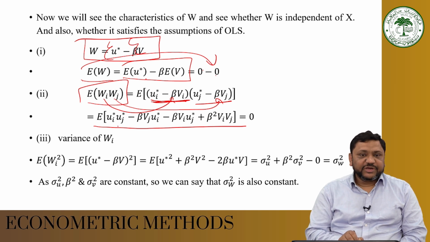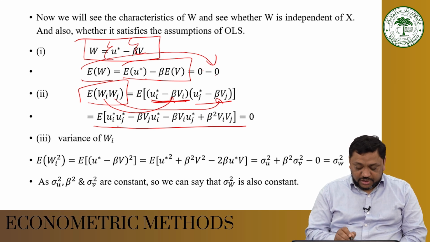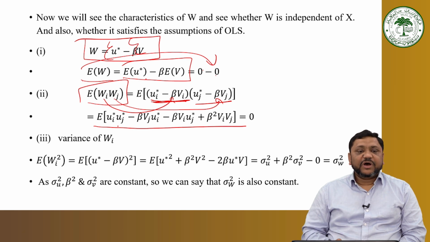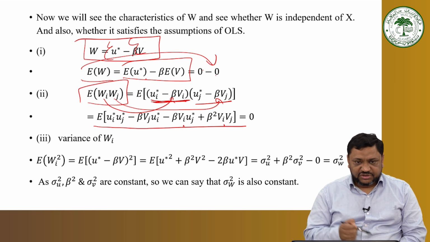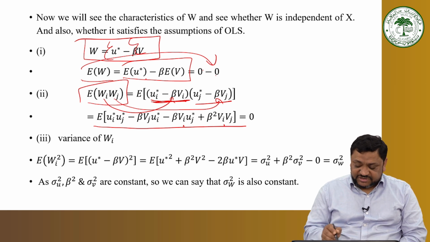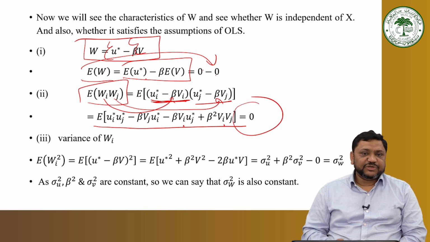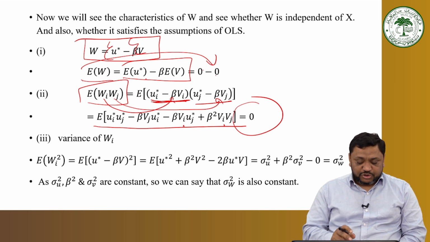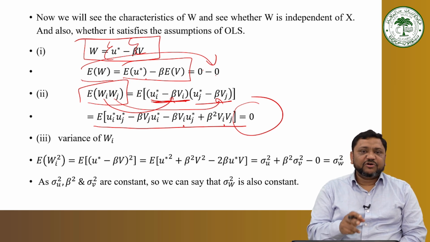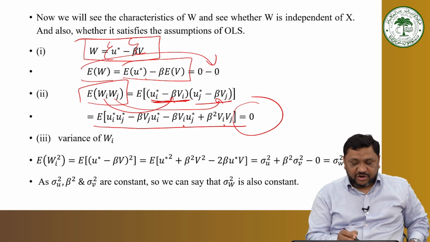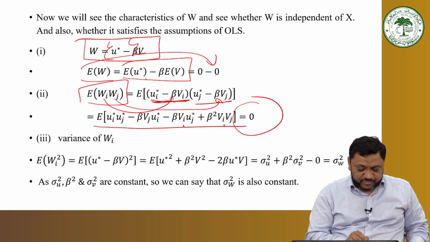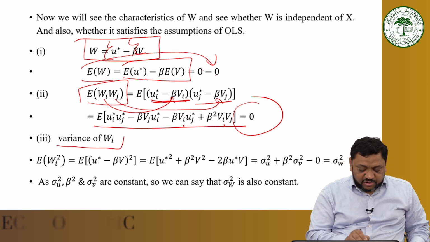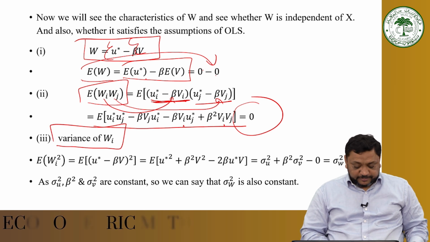Now ui uj is 0, vj ui is 0, vi uj is 0, and vi vj is 0, owing to the assumptions of the model which we started with. All these terms become 0. So the expected value is equal to 0 and they are not correlated with each other, also with the lagged values.